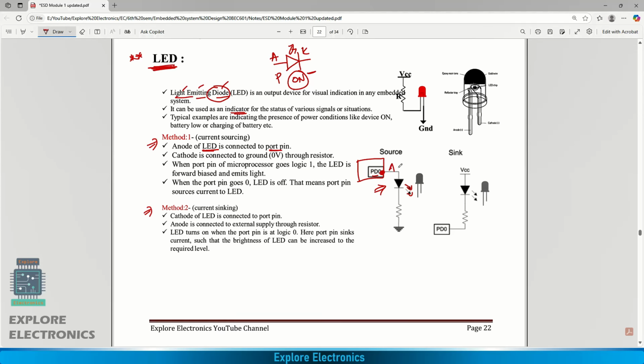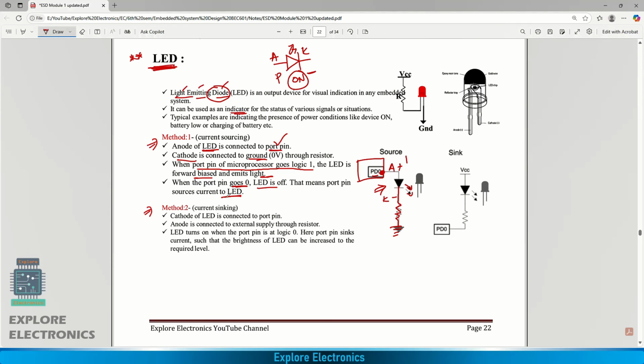The anode is positive and the cathode is negative, and the negative terminal is already connected to ground. Whenever we provide logic 1, this LED glows. The port pin provides logic 1, the LED is forward biased and emits light. When the port pin gives 0, the LED is off.